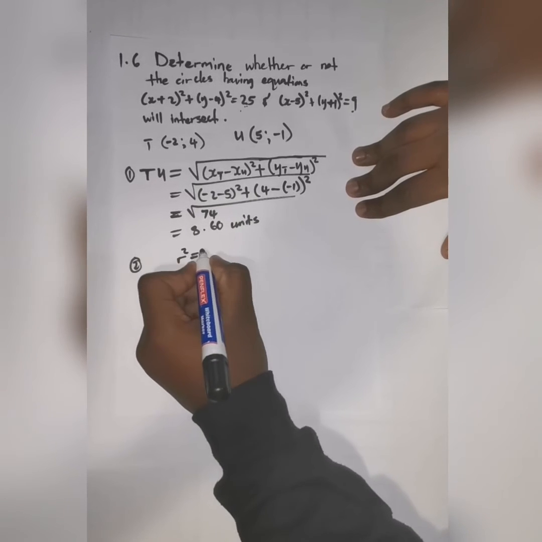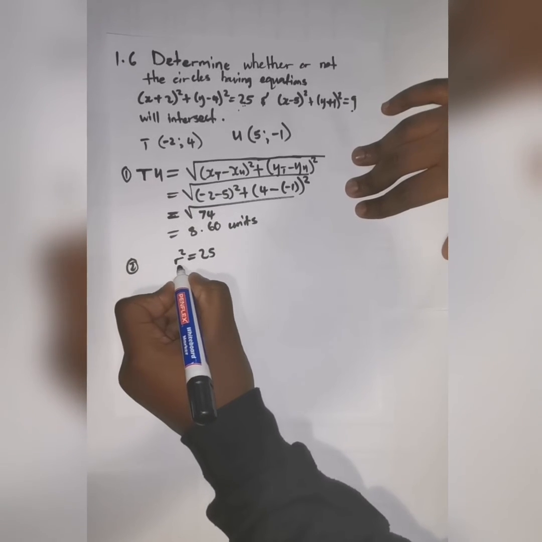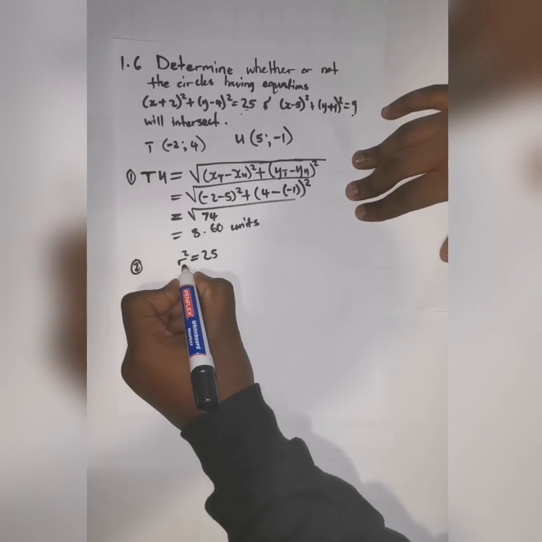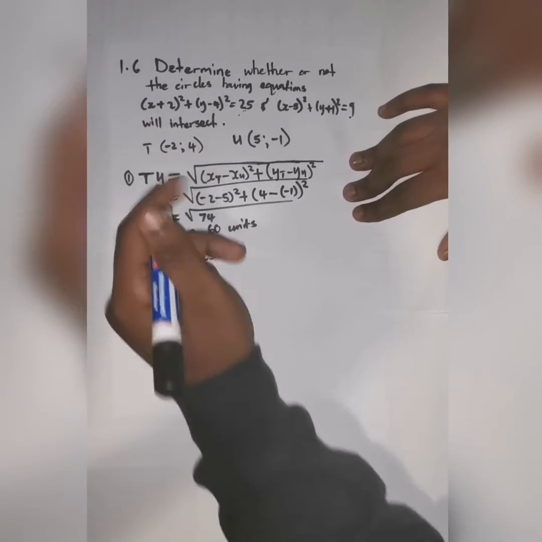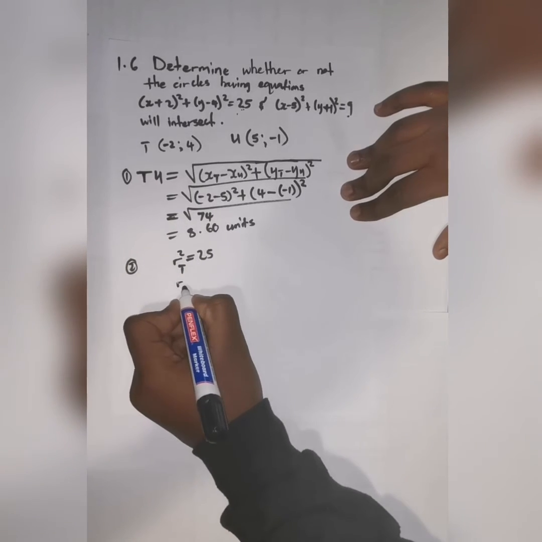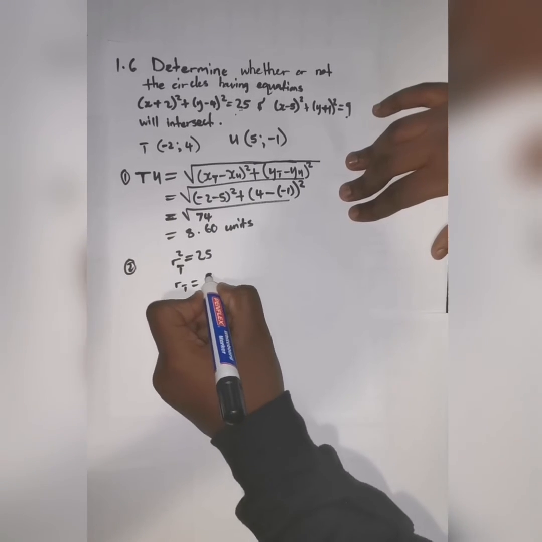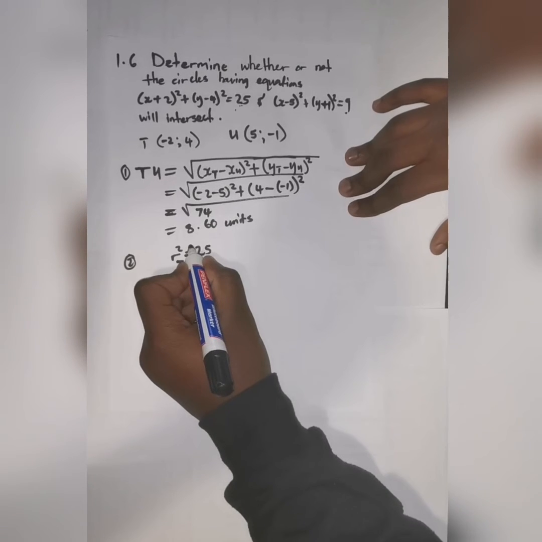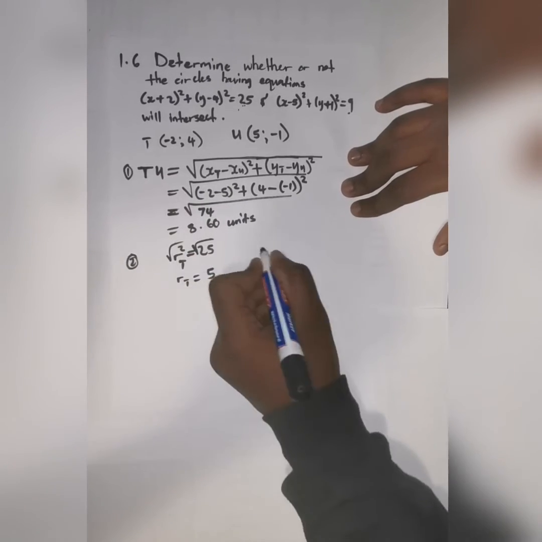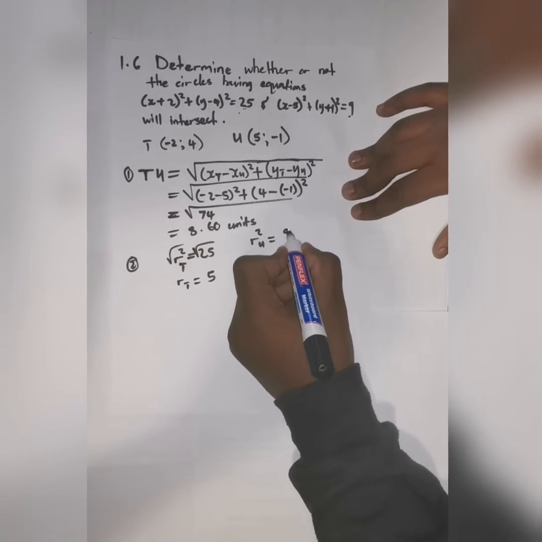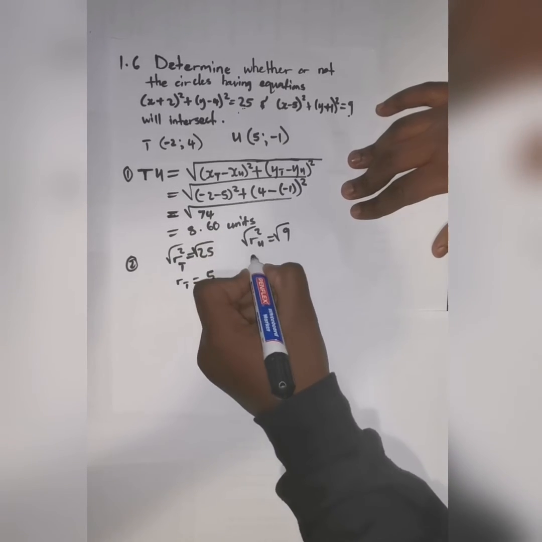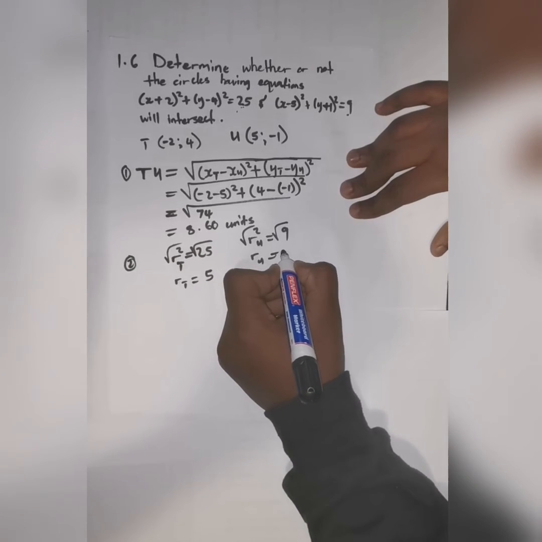R squared is 25, call it RT, relating it to center T. So RT is 5 when you put a square root. The other one, RU squared, is 9, and with a square root, RU is equal to 3.